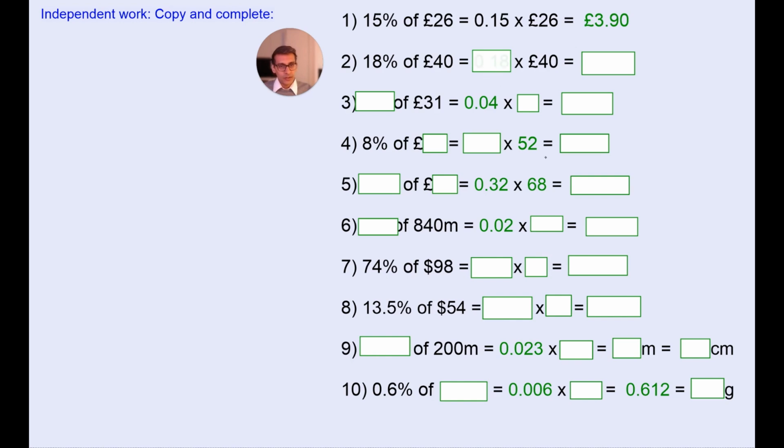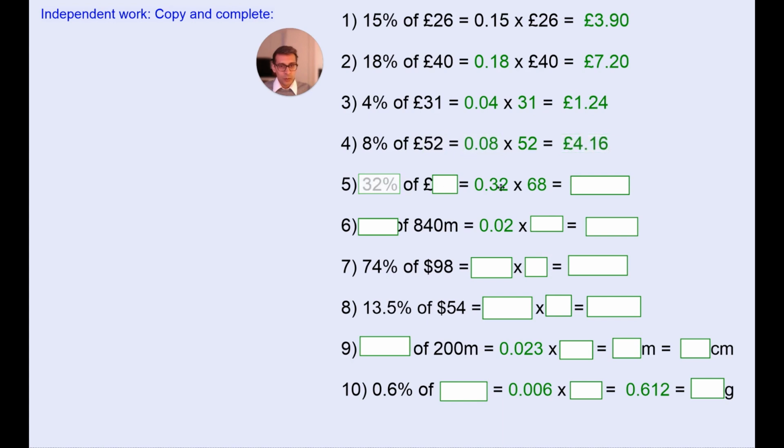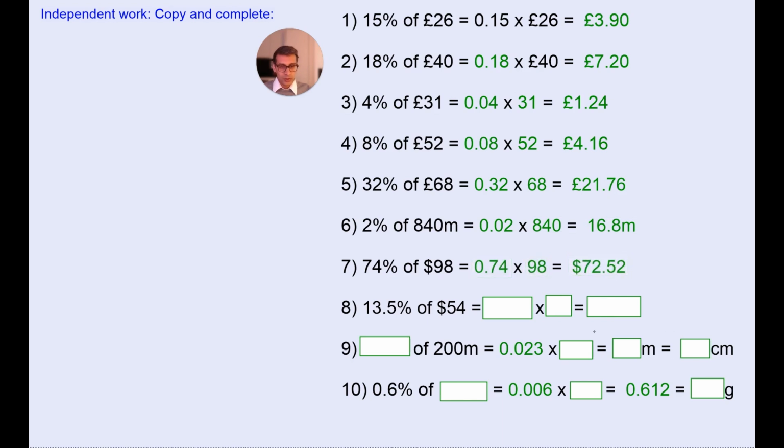Okay, here come the answers. So that's going to be 0.18. It's going to be 4% of 31. 8% is 0.08. For question 5, you should get £21.76. Question 6 is 2% of 840. Question 7, 0.74.